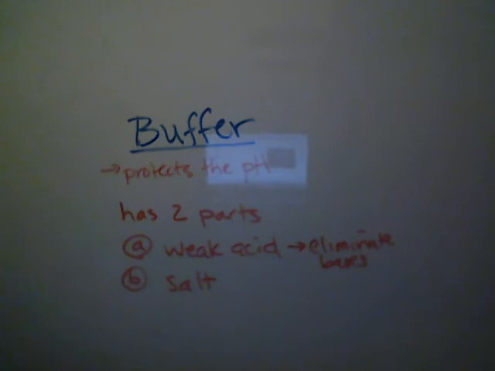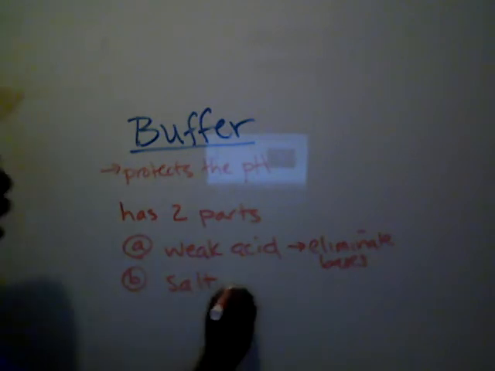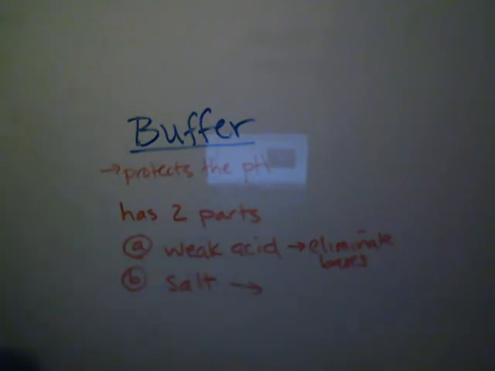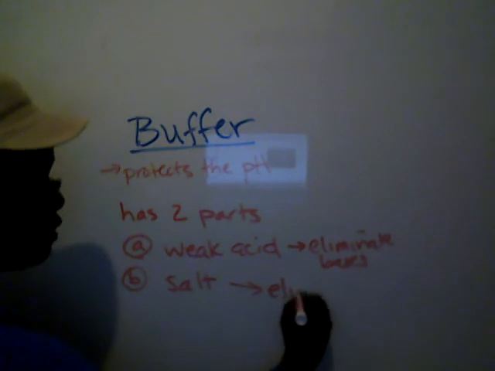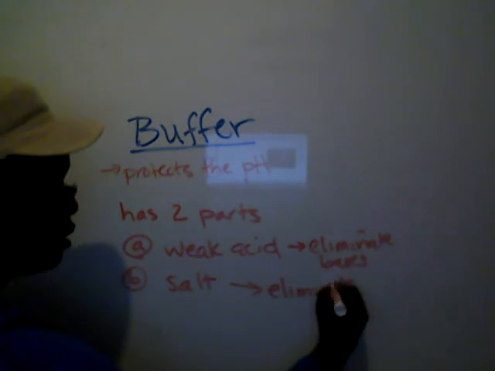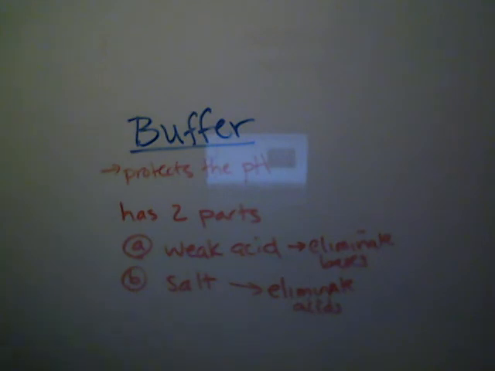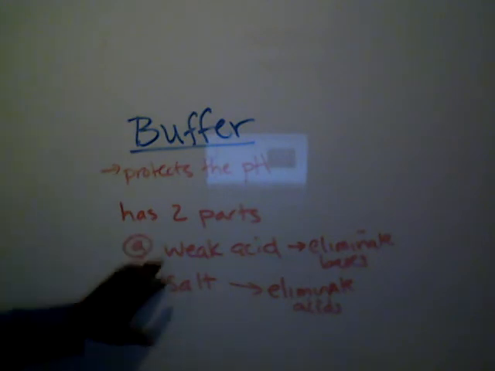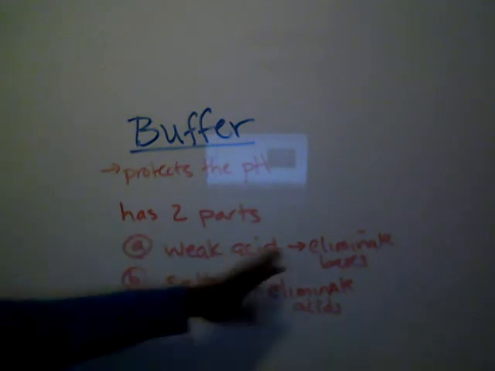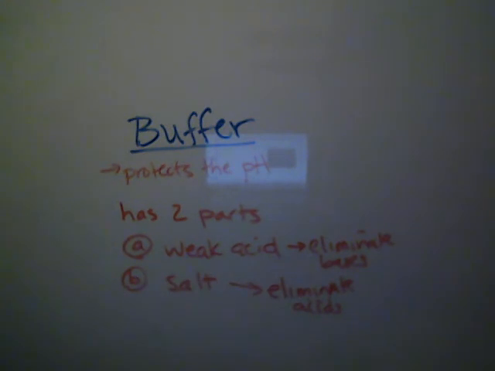If we drink something really, really acidic, what our body does to make sure our blood doesn't become acidic is the salt part of the buffer helps to eliminate acids. So no matter what we encounter, whether acidic or basic, something in the buffers in our blood is able to counteract it to make sure the pH stays about the same.